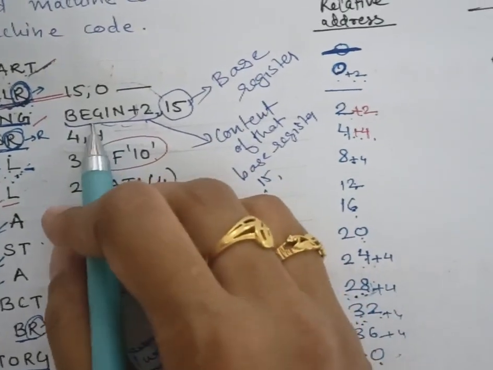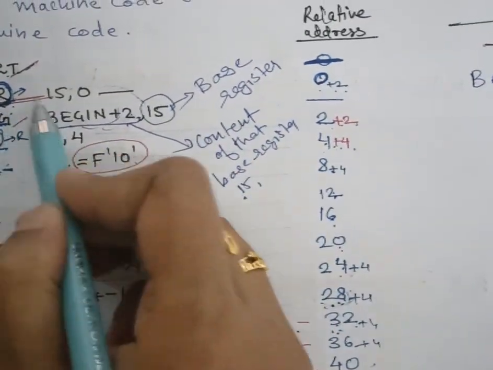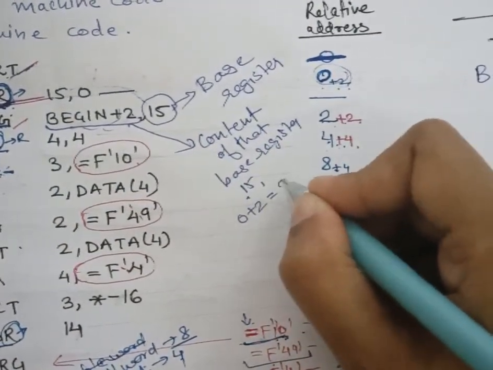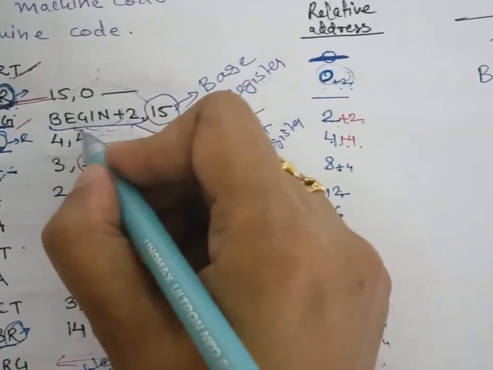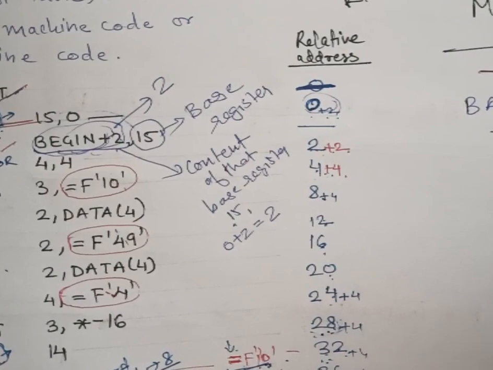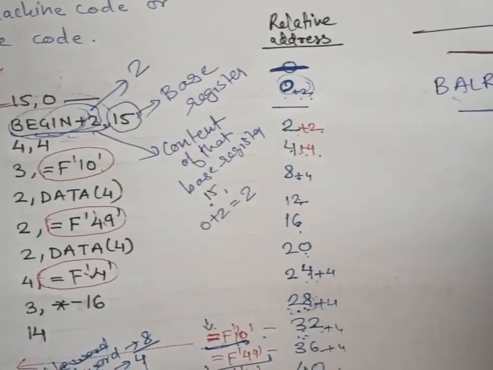Here we can see the begin contains the relative address 0. So 0 plus 2 will become 2. So the content of the base register is 2. Okay, so that we are not going to use in the machine code because using is the pseudo instruction.